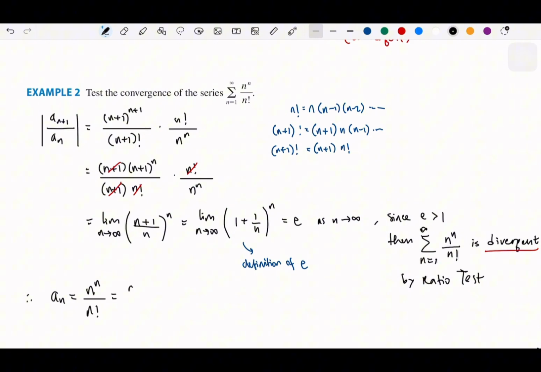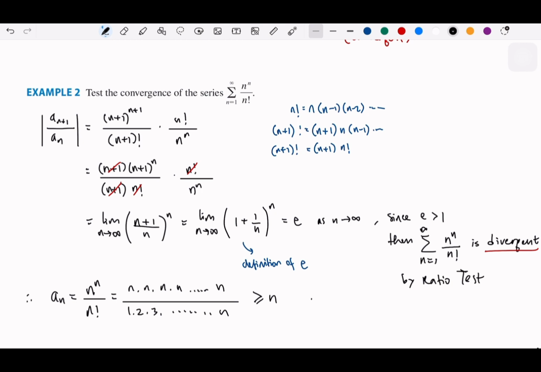So this will be n multiplied with n until n times, and then the n factorial will be 1 multiplied by 2 multiplied by 3 until some n. You will see that for n starting from 1, of course the top will be larger. So we can say this will be greater or equal to n.